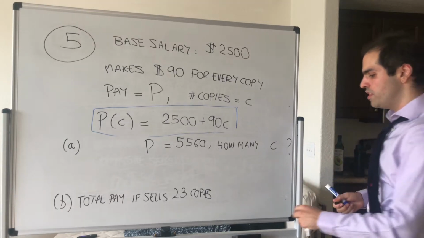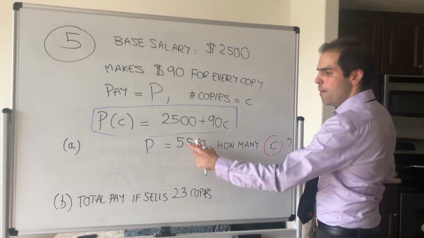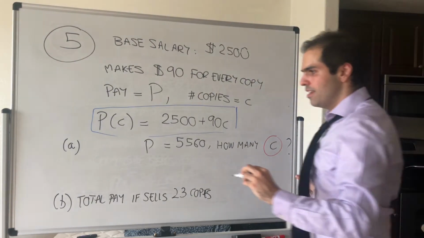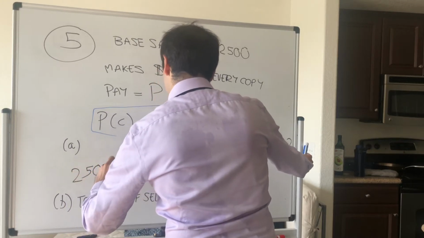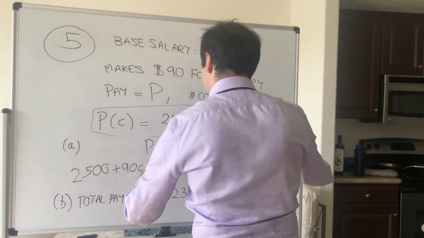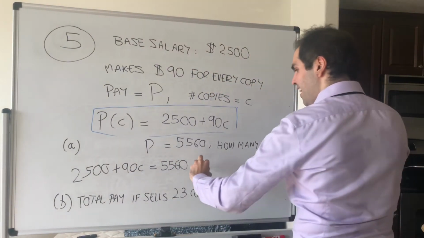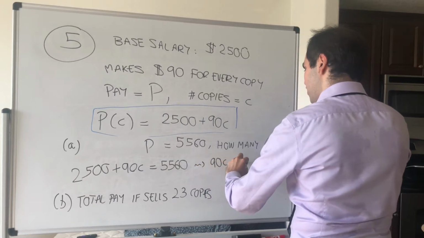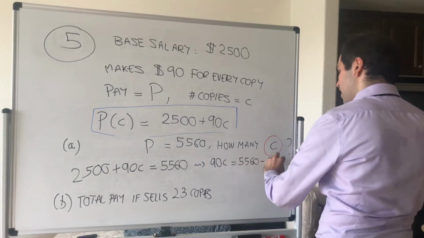Which tells you, since you want to solve for C, you have to solve the equation P equals 5,560. So we need to solve 2,500 plus 90C equals 5,560. So that tells you that 90C equals 5,560 minus 2,500.